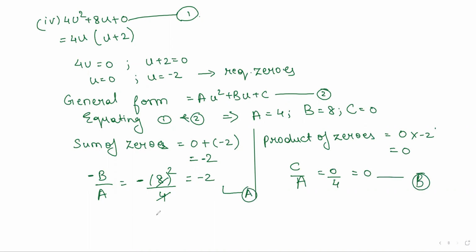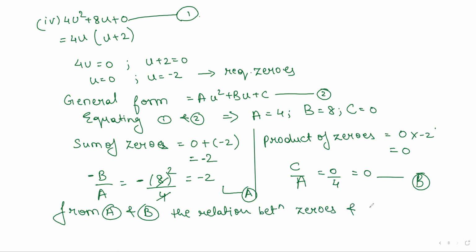From the two equations A and B, the relationship between zeros and coefficients is verified.